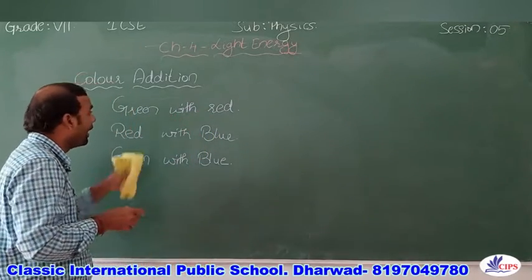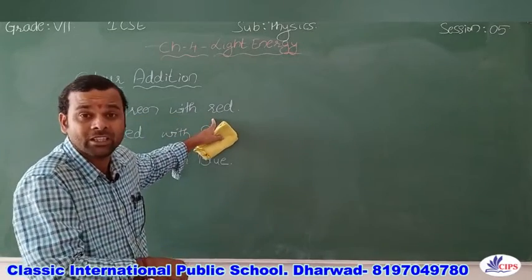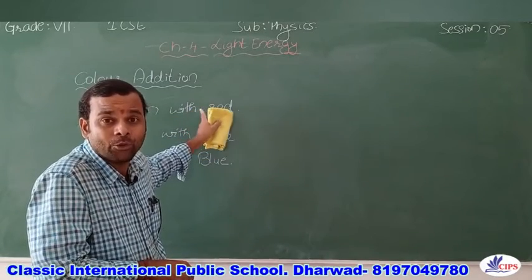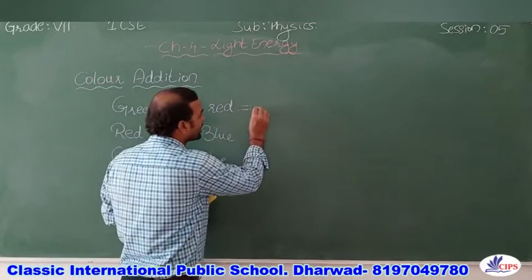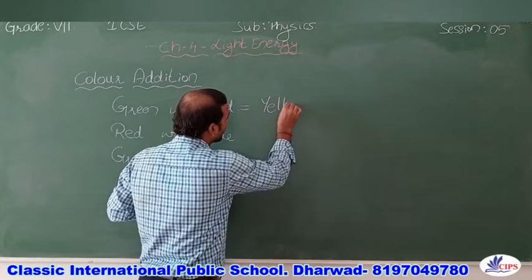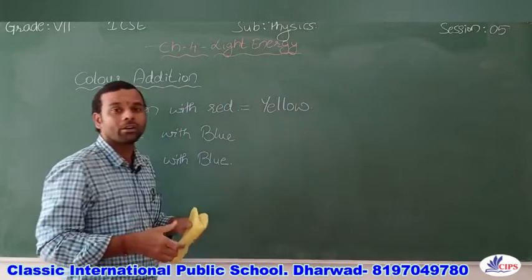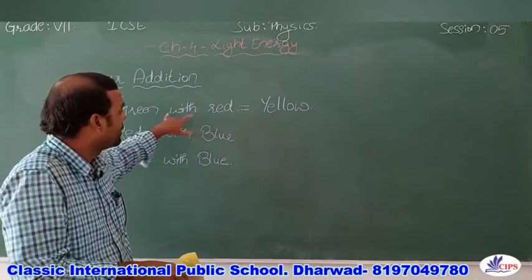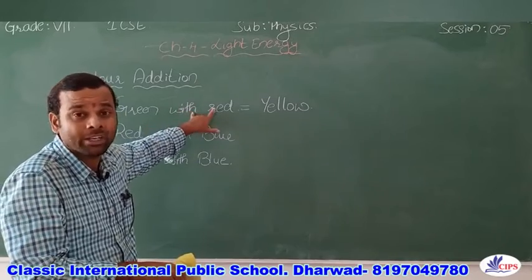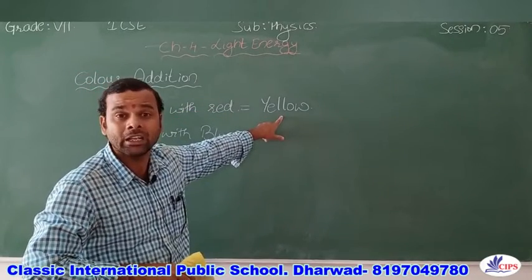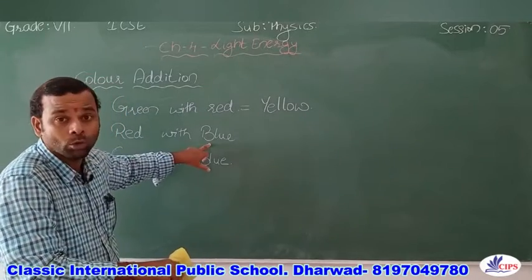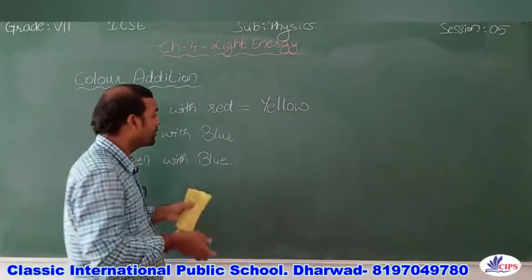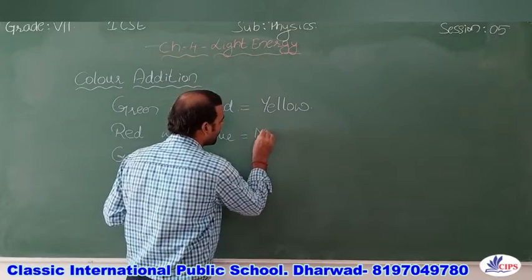Okay. Now, green when mixed with red gives a new color that is yellow. Red and blue mixed together gives a new color called magenta.